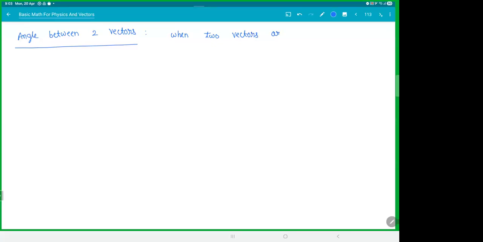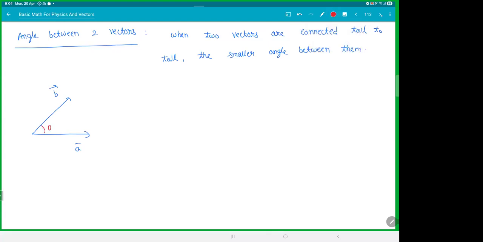When two vectors are connected tail to tail or head to head, the smaller angle between them is the angle between the vectors. I'll show you how it looks. If this is your A bar and this is your B bar, you're joining both tail to tail. So this is theta.